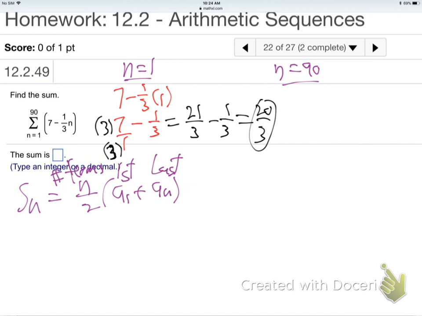You good there? Then find the last term, which is much easier. No fractions. Good there?